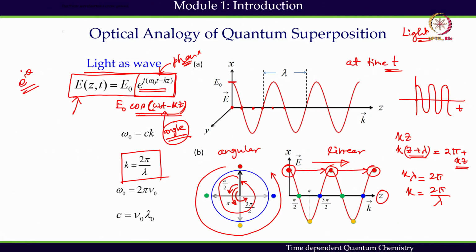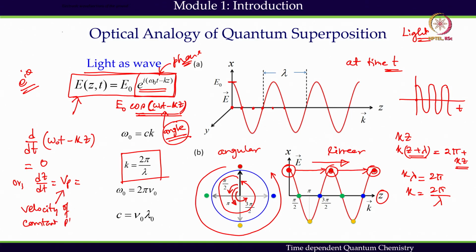You see the phase front here is repeating, so it's a constant phase front, and if I take the constant phase front, it means that the time derivative of that phase is zero. The total phase is omega naught t minus kz, and its time derivative is going to be 0, or in other words dz/dt, that is the velocity, called the phase velocity, the velocity of the constant phase front, that is Vp equals omega naught by k.